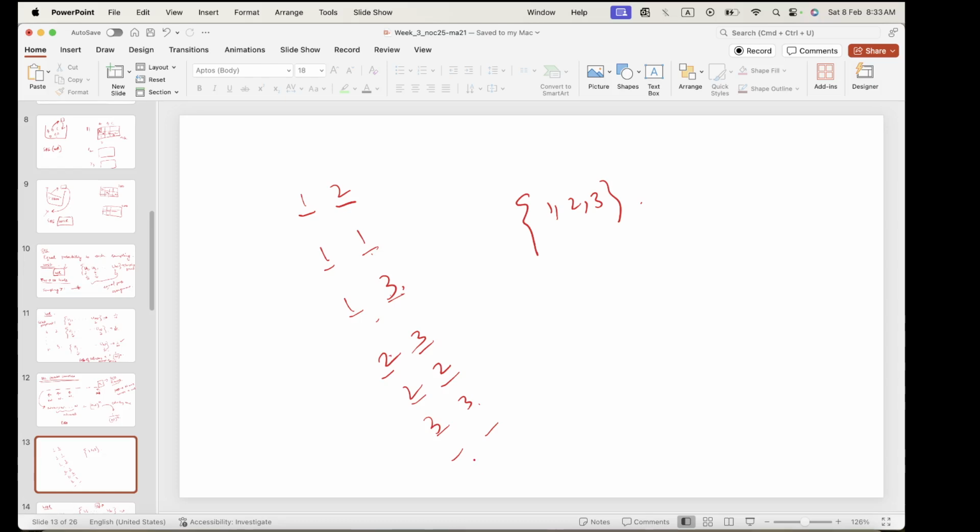Any other thing that I'm missing? 2 2 and 3 3 are there. So I could also have 2 1, no? Changing the place is also unique? No, 1 2 and 2 1 is not unique from a sample perspective.